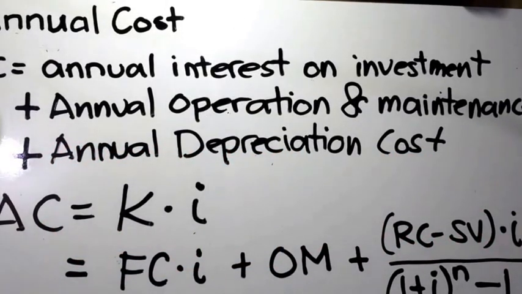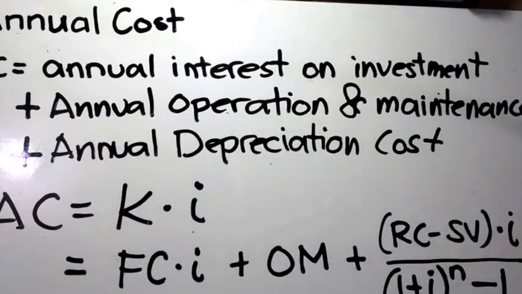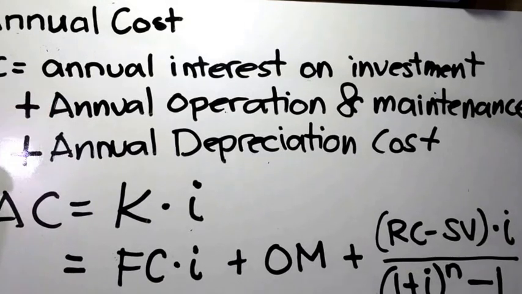Annual cost. Annual cost is defined as the sum of three values: the annual interest on investment, the annual operation and maintenance, plus the annual depreciation cost.